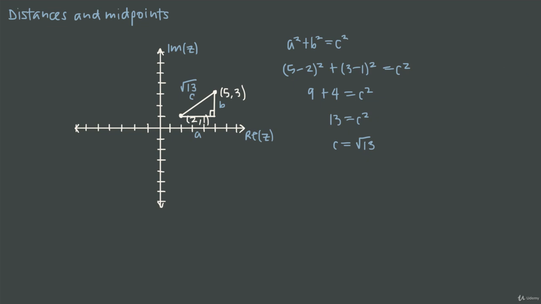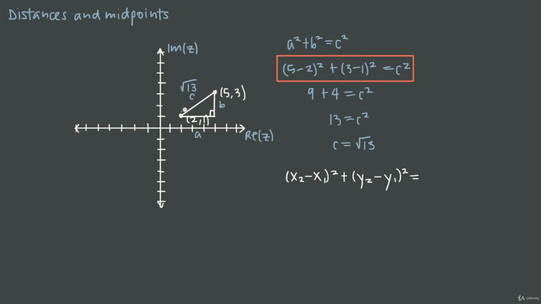But really, we could generalize this formula. If we look at this formula right here, what we realize is that we're really subtracting the two x values from one another. So we could say instead that this is x sub 2 minus x sub 1 squared. We're finding the difference between the y values, so we could call that y sub 2 minus y sub 1 squared.